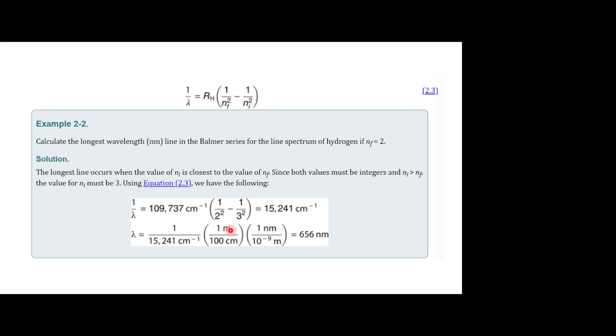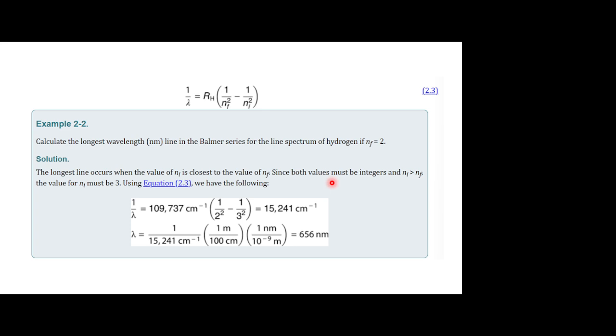Did I lose anybody? Can you explain one more time why NI is 3? Yeah. So this right here is going to be our longest line. It's going to be the value that's closest to the value of NF. When you go up in orbitals, you have less interference happening, less pull from the nucleus.